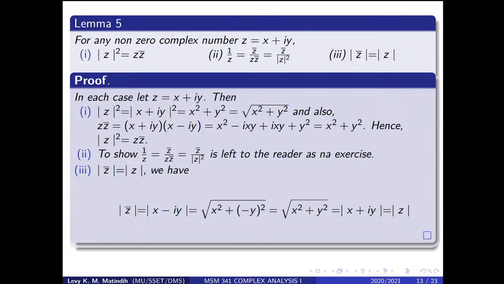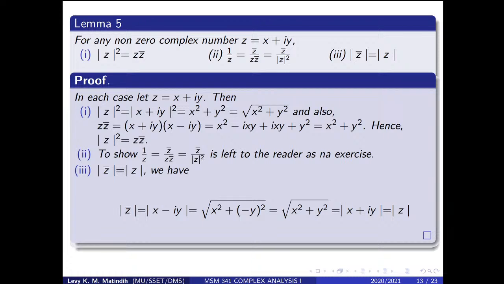Now let's also look at Z times its complex conjugate. What we're saying is the left hand side of this equation, which is the square of the modulus of Z, is equal to the square of x plus the square of y.